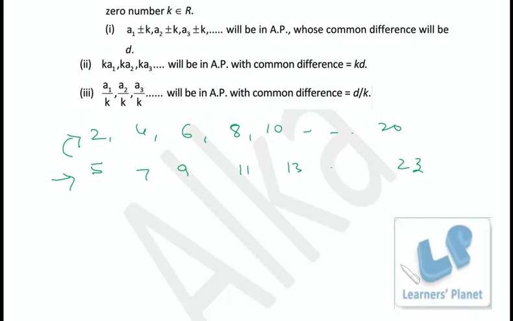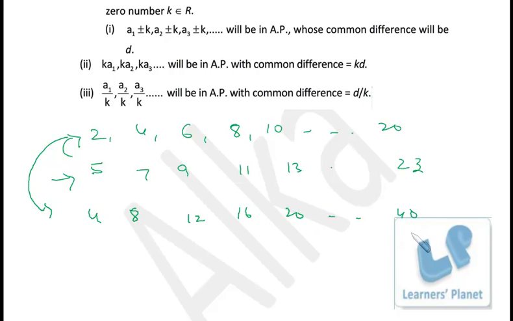Similarly, suppose I take this example once again, and we multiply each term by a common number, say 2. So it's 4, 8, 12, 16, 20 and 40.